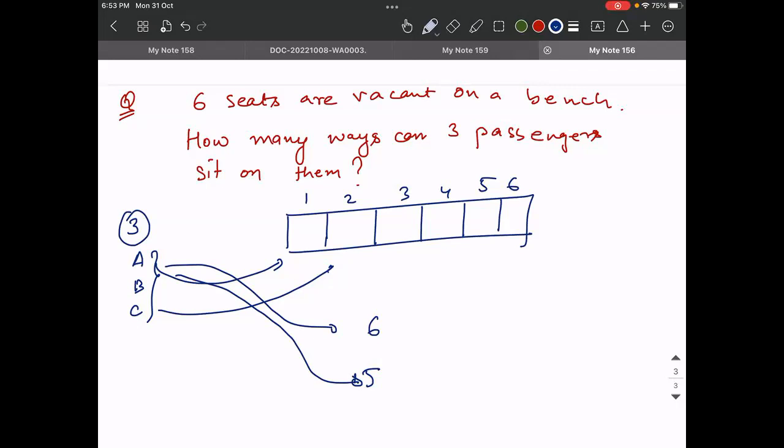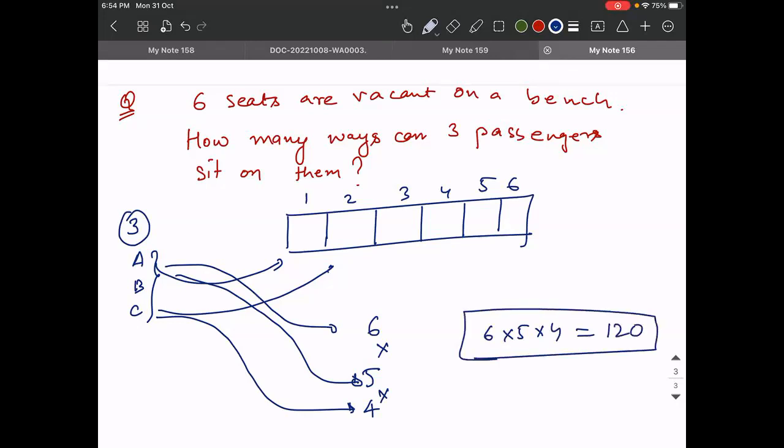And do we add or multiply? Because all three need to sit: A needs to sit, and B needs to sit, and C needs to sit. So you will multiply: 6 into 5 into 4.